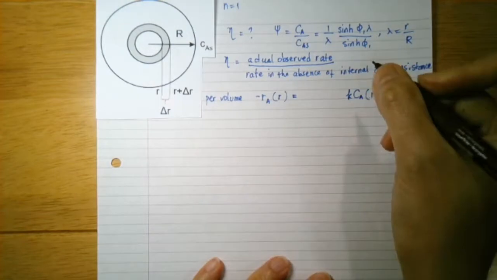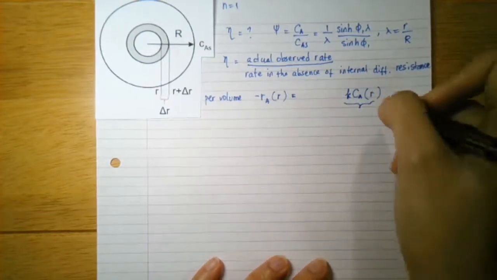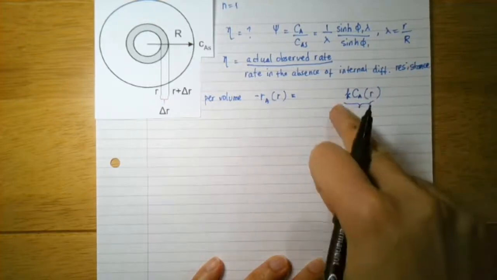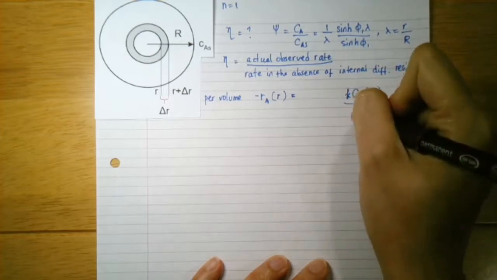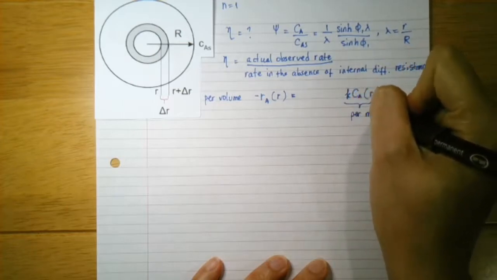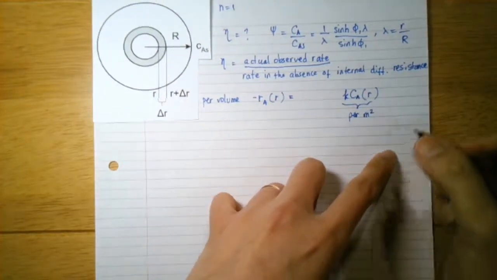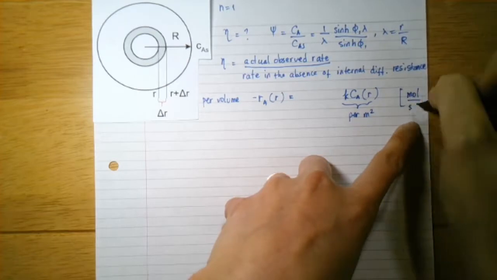From topic 2, we know that the units of this are mole per second per unit area, so this is the per surface area basis, per m squared. But I would like the unit of my rate to be mole per second per m cube.